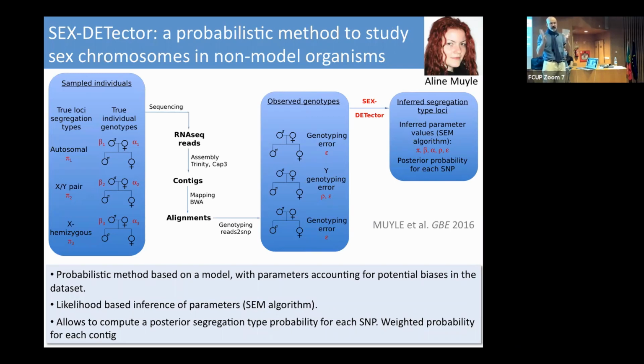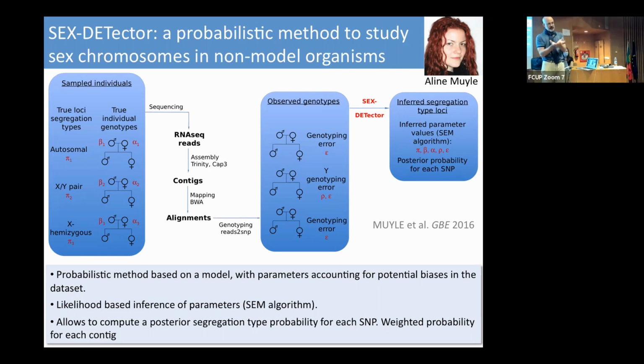And this model had parameters that were estimated using the data through a maximum likelihood approach using a stochastic expectation maximization algorithm. And then the method would return posterior probabilities of being autosomal, XY, or X hemizygous for the different markers, SNPs.